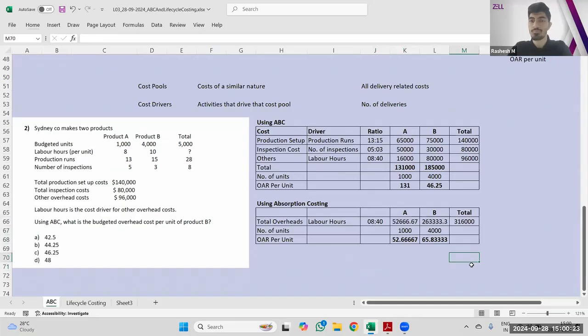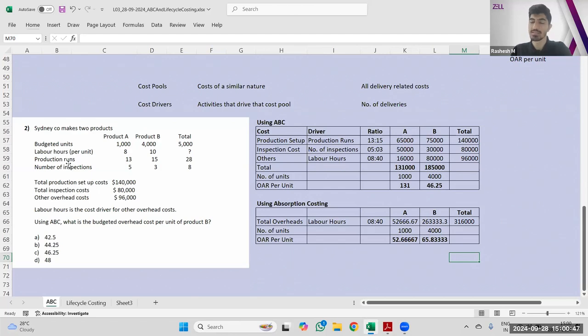Sir, I had a doubt. For labor hours, we multiplied budgeted units into labor hours. We didn't do that for production runs or number of inspections. So why only for labor hours did we do so? Because labor hours, if you see, the question is given per unit.